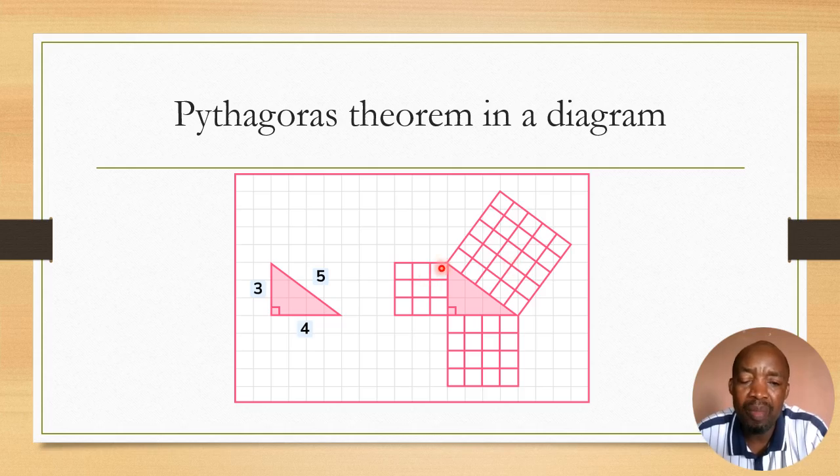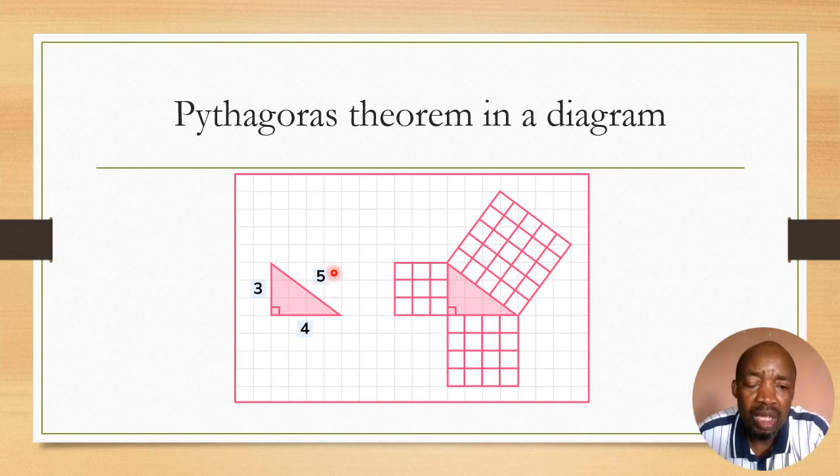Let's count them. 1, 2, 3, up to 25. That means the theorem is spot on because the square of that side is actually equal to the sum of the squares of the other sides.